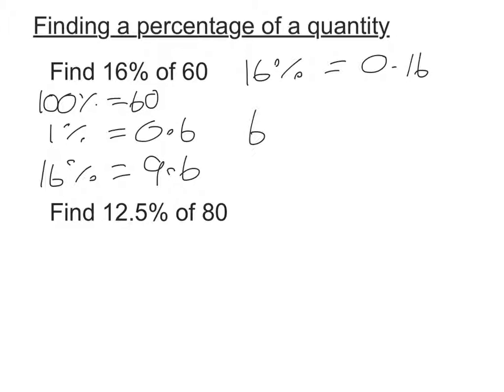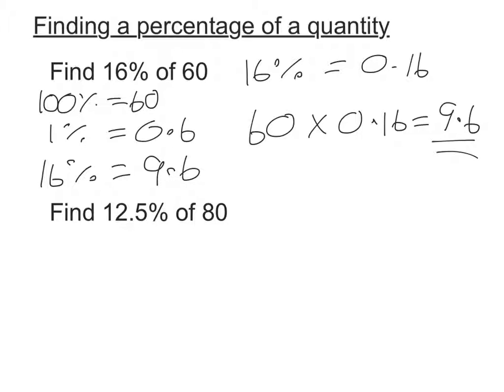So to get 16% of 60, I would do 60 times 0.16, which again would give me my 9.6. The second method is better for whenever we come to the later examples. That will certainly speed us up. So to get 12.5% of 80, if you want to, maybe pause the video here and try that one yourself.